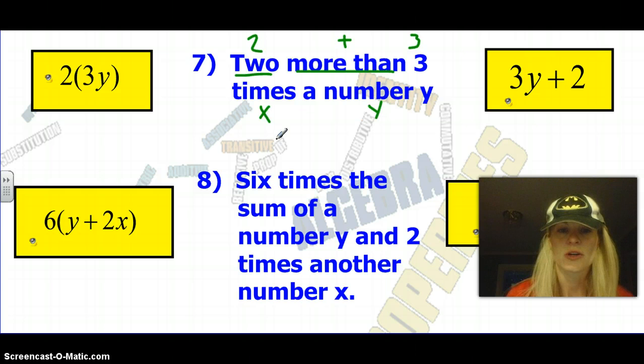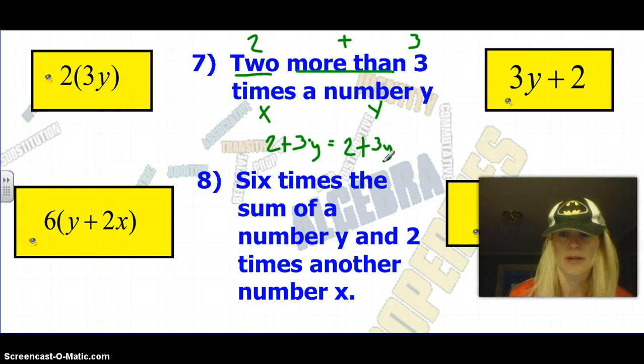Okay, so we can kind of put those together. 2 more than 3 times a number y, and so we can put times y there, or just go ahead and just put 3y. Really, when there's no sign, that means multiplication, and that's how you'll see it most of the time. 2 more than 3 times the number y. And so again, that one's just very straightforward.